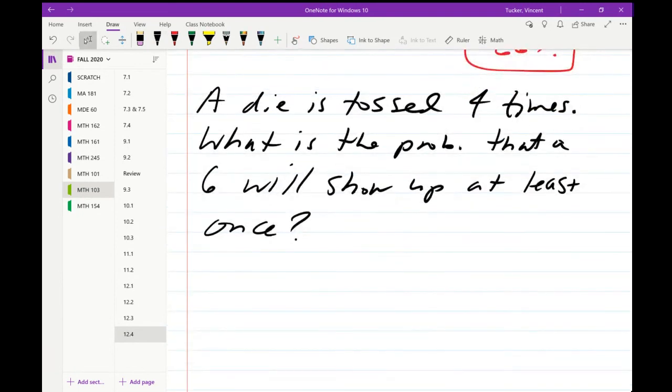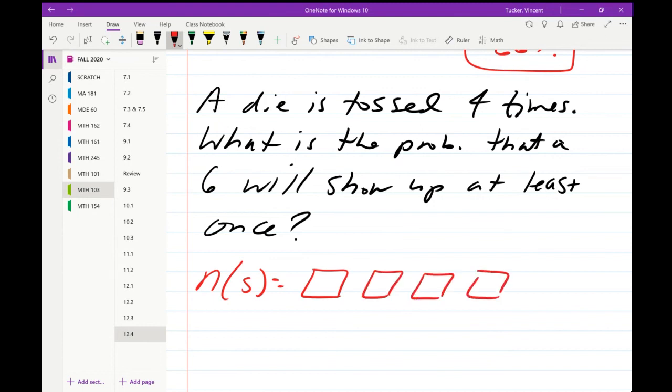All right, so we have a die is tossed 4 times. What is the probability that a 6 will show up at least once? All right, so let's establish our sample space first. If we have 6 times that I toss the die, not 6 times, excuse me, 4 times that I toss the die, each one of these boxes represents the 4 times. First time, second time, third time, fourth time that I toss the die.